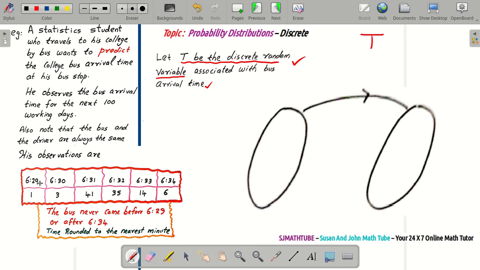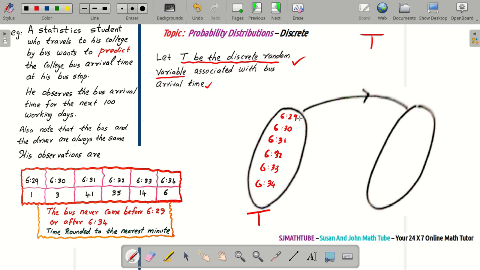You can see 6:29, 30, 31, 32, 33, 34. So I'm supposed to write all those things here. 629, then 630, 631, 632, 633, and finally 634. And this is our domain.